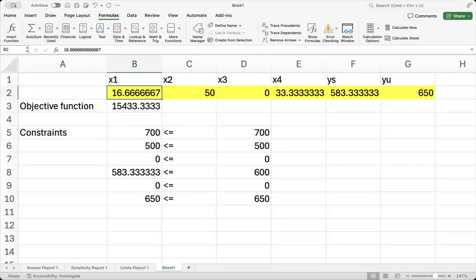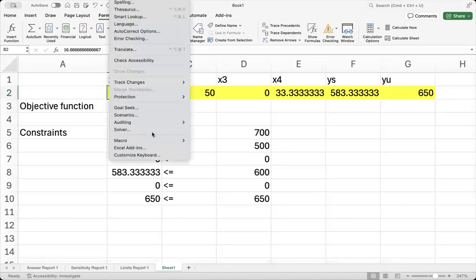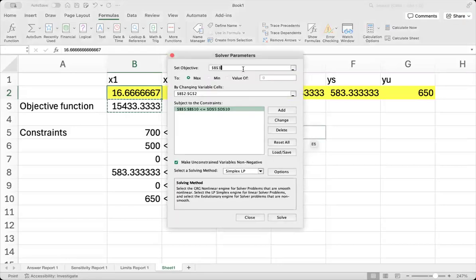Can you perform this again, please, one more time? Perform what? The objective function in the solver. Open the solver and then set objective. You see what I set, right?